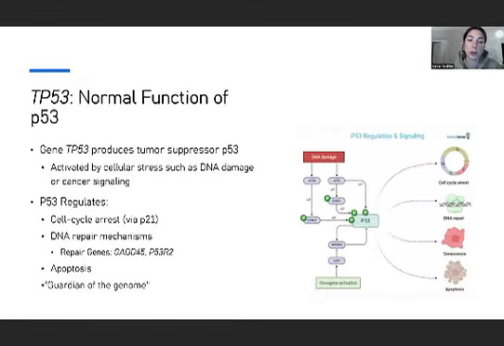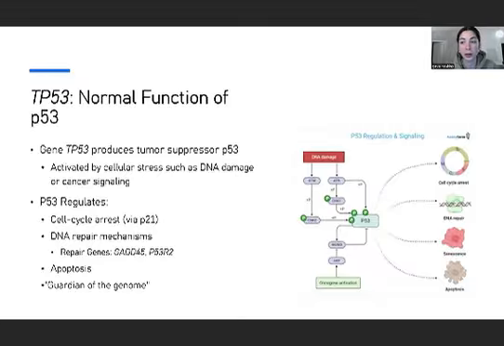What p53 will do is either activate cell cycle arrest using p21, so it will stop the cell whenever it is damaged at the G1/S phase and force it to be repaired using DNA repair mechanisms like the repair genes GADD45 and p53R2.